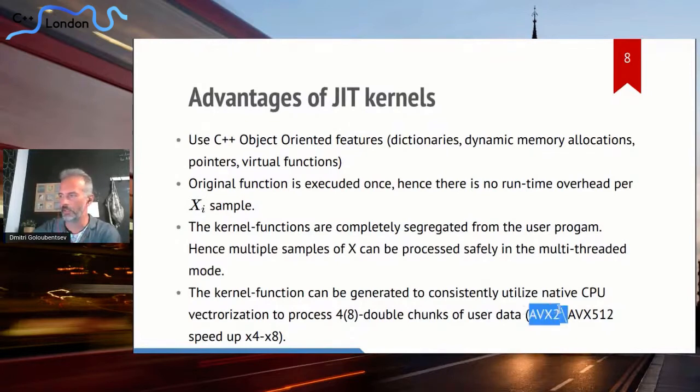For AVX2 instructions, that means we can do 4 double precision samples in one cycle. And for AVX512, it's 8. Again, you have to adjust a little bit for CPU throttling here, but at least in theory, it should be 8 times faster than the Scala version.